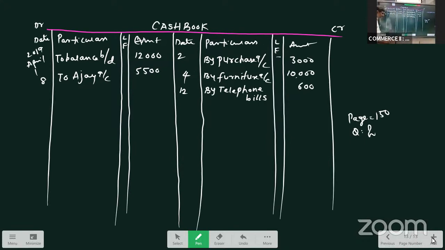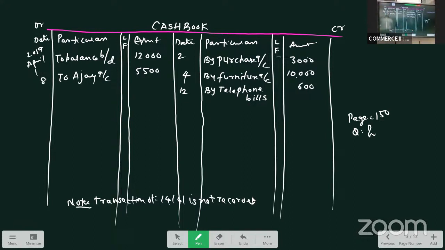Anyhow, in this case we are not going to take it and we are writing a note: transaction dated 14th April is not recorded. It is not recorded because it's a credit transaction.